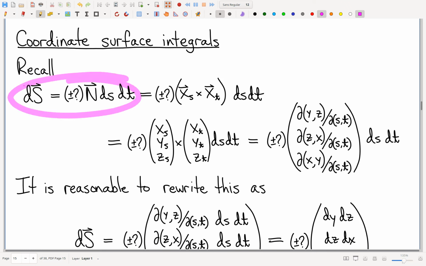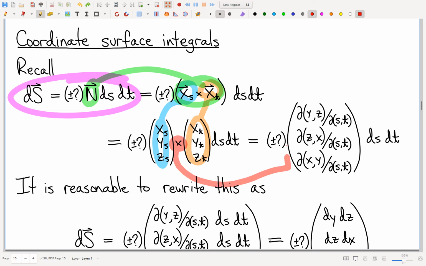Old formula for the ds vector, old formula for capital N, and let's write it out. Here we go. Let's write that out in coordinates. Well, there's x_s in coordinates. There's x_t in coordinates. That cross product, there's that cross product in coordinates.